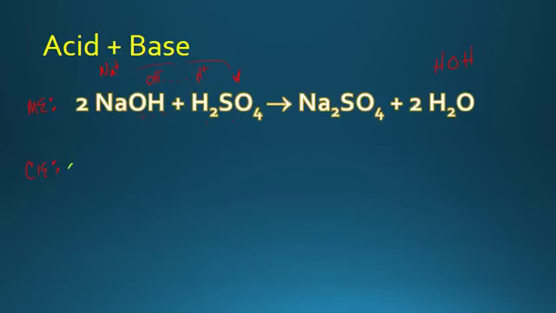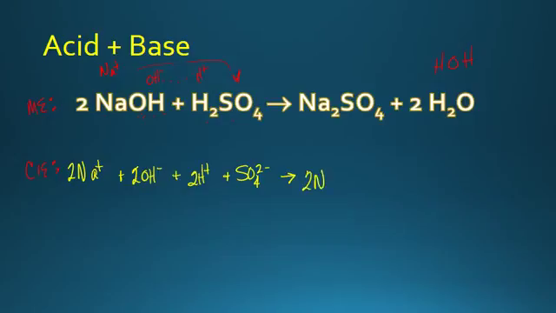Well, we have 2 sodium ions plus 2 hydroxide ions plus 2 hydrogen ions plus 1 sulfate ion. And sodium sulfate is soluble because it starts with column 1, and those are soluble.